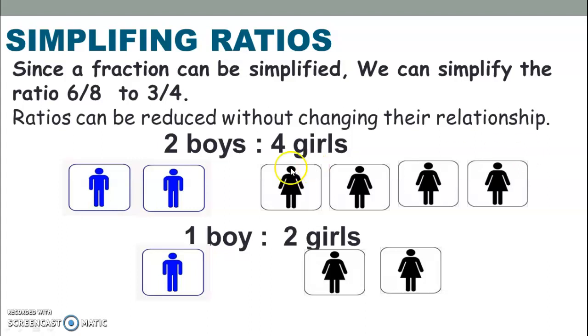For example, on the screen there are 2 boys, 1 and 2, and 4 girls, 1, 2, 3 and 4. So you can write the simplified form of this ratio as 1 boy to 2 girls. How? You can learn from the next examples.